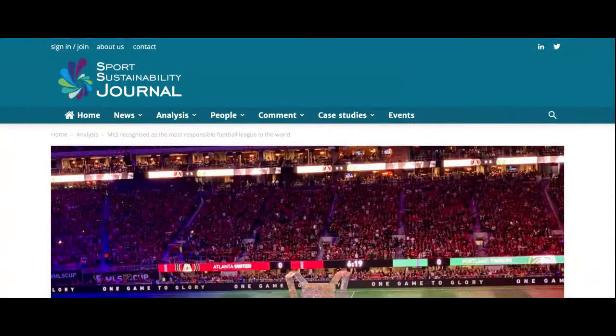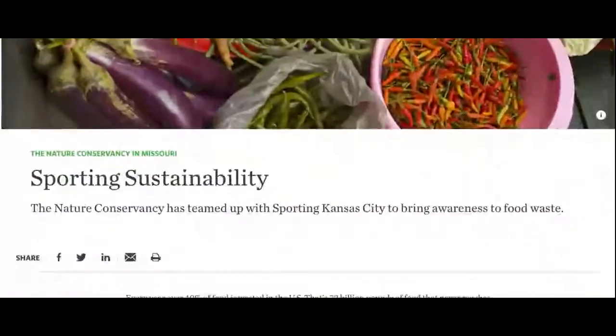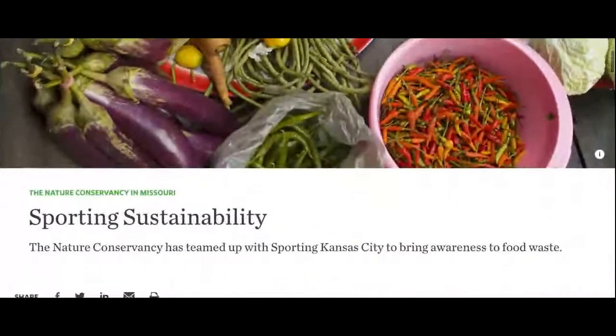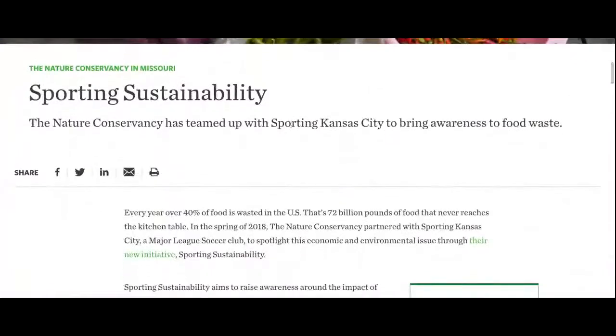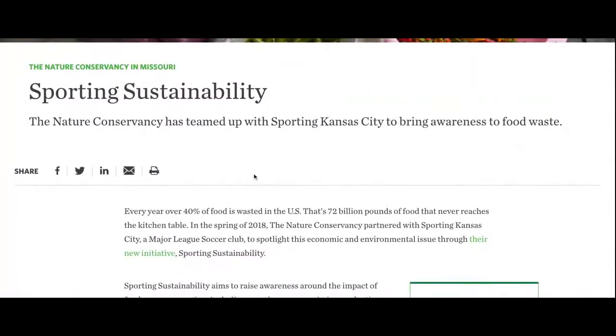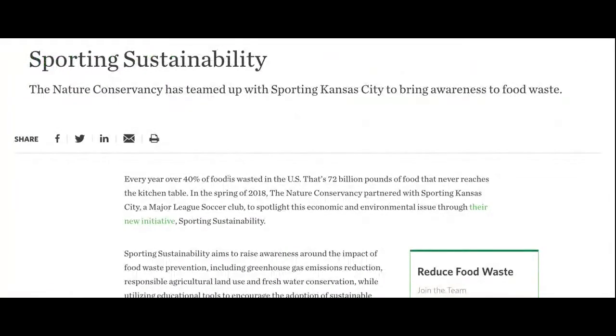I would also check out the second result that I had there. So particularly, look at one more. This one, let's see. Right, this one, okay. This one's about food waste. It's one of the ones that came up first as well, from the Nature Conservancy, so you might remember that from earlier classes. Looks like Sporting Kansas City, which is one of the teams, is getting together to worry about food waste, right?